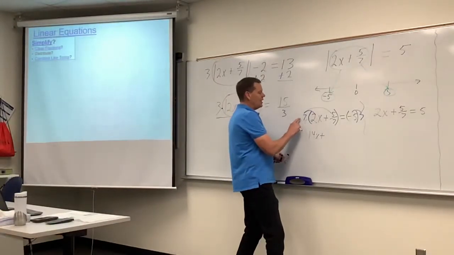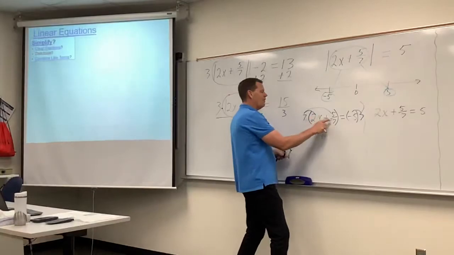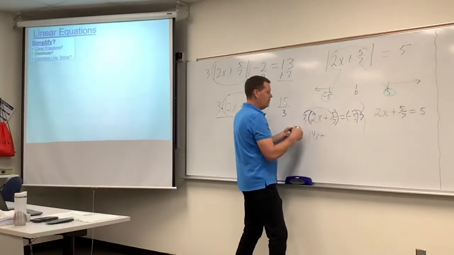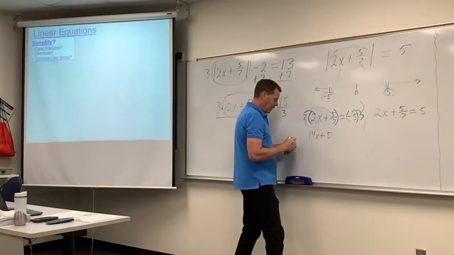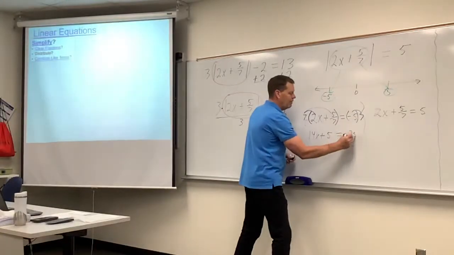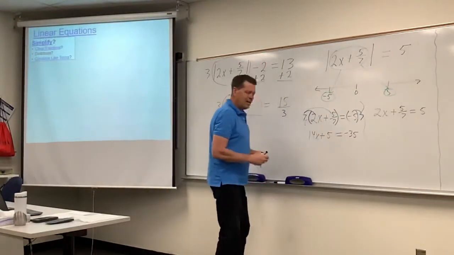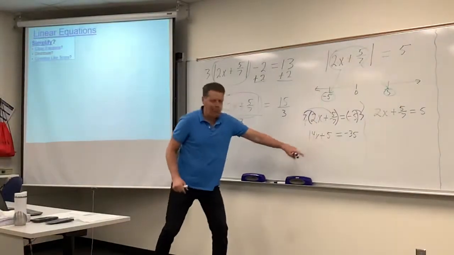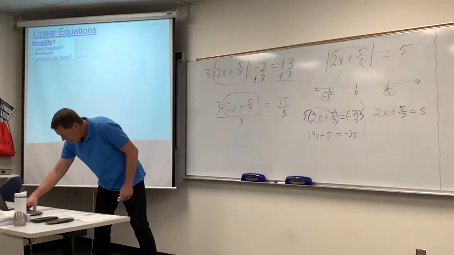When we take that 7 over 1 times 5/7, wouldn't the 7 we introduced cancel the 7 there and leave the 5, the numerator? And then over on this side, this times this is -35. Then we'd see if we can combine like terms. That won't happen.